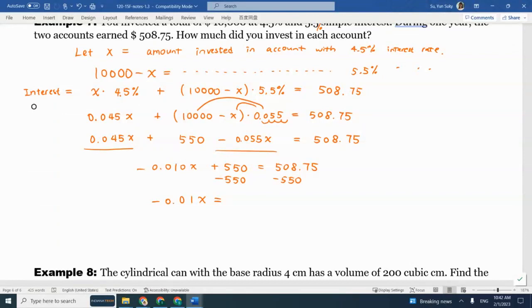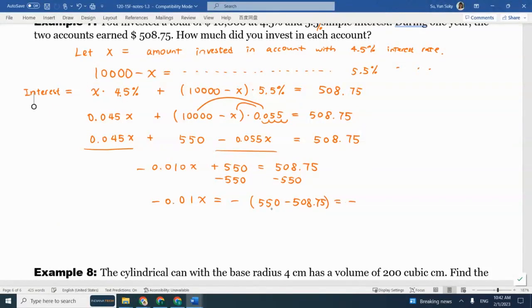What is 508.75 minus 550? Negative 41.25? Oh, yeah, 42.75? Mm-hmm. So, okay, let's do it slowly. This is like negative 550 minus 508.75.